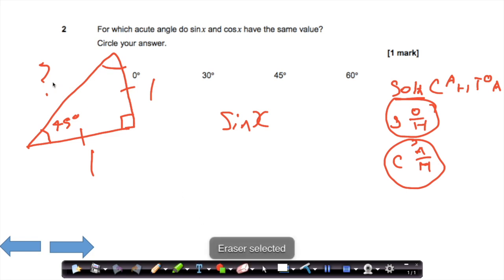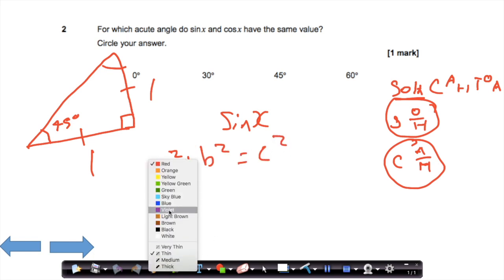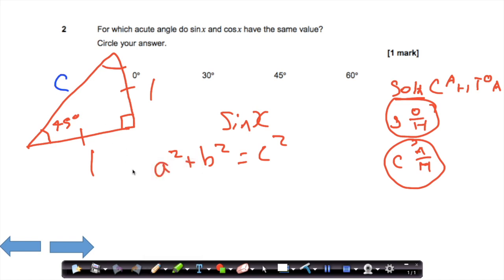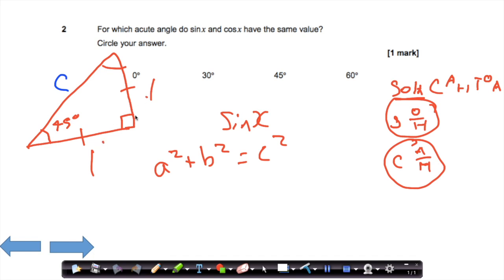To work out the hypotenuse of the triangle, as it's a right angled triangle, we can use Pythagoras' theorem, a squared plus b squared equals c squared, remembering that c has to be the longest side, so c has to be this side here. A and b could be either one of these two sides, it doesn't matter. You're going to have 1 squared plus 1 squared to give you c squared. 1 squared is 1, 1 squared is 1, so add them together, 2. 2 is c squared.